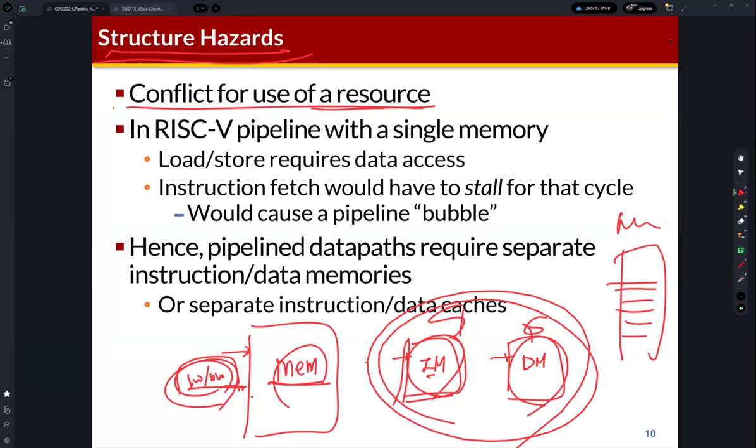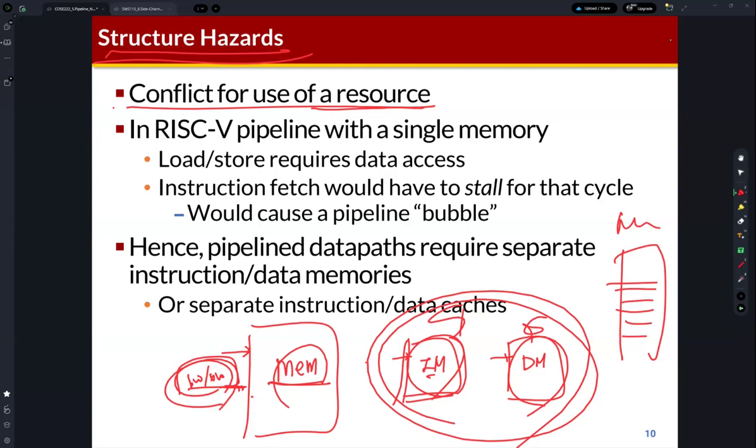If we used a unified memory, meaning one memory for instructions and data, then a processor needs to fetch an instruction every cycle, so the instruction memory is occupied every cycle, and memory instructions like load or store need to access data memory.